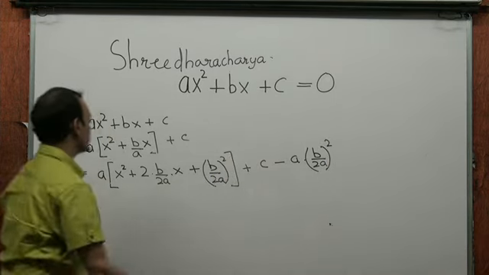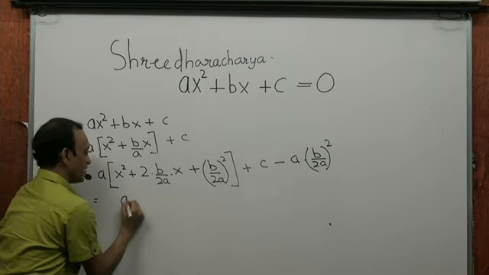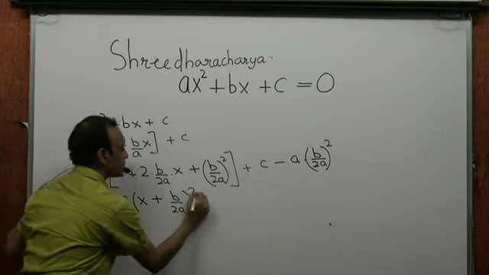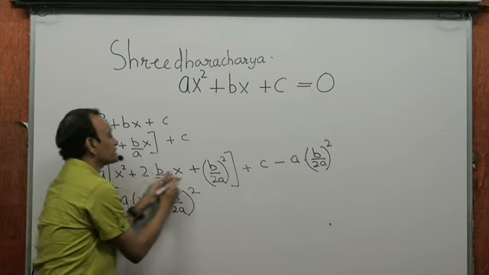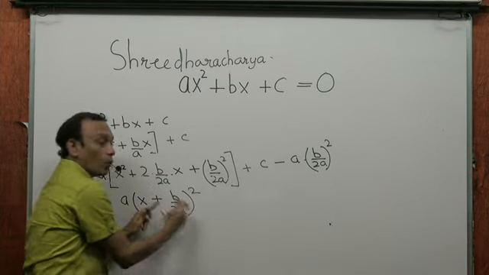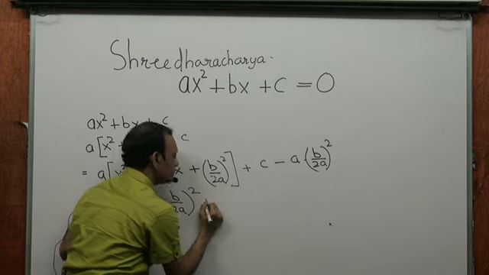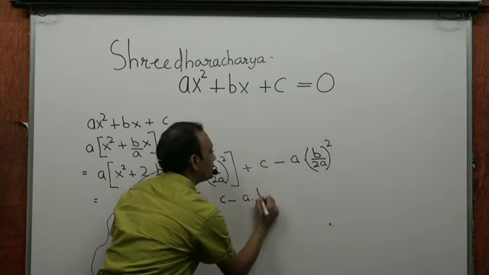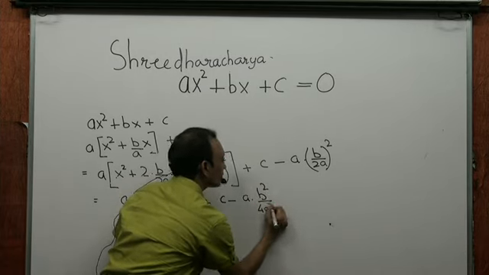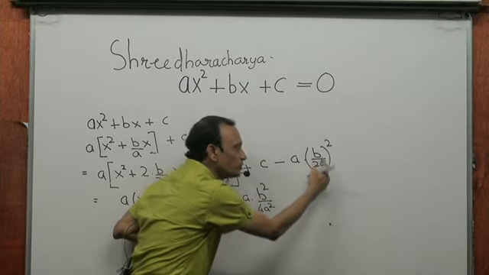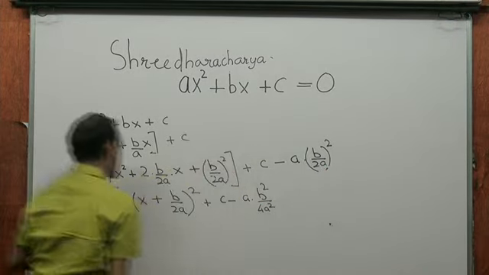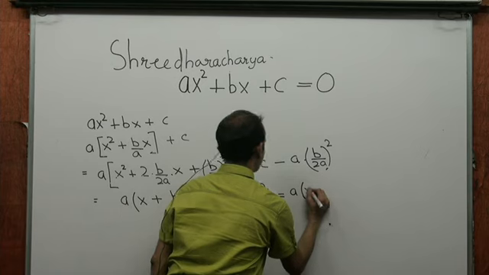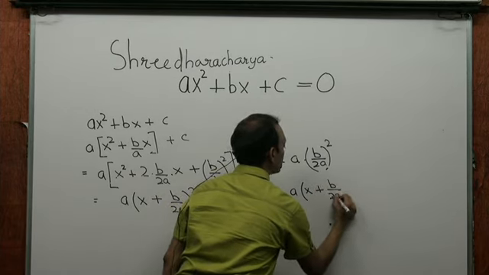Yes or no? Right? This then is like a into x plus b by 2a whole squared, isn't it? x squared plus y squared plus 2xy. So x plus y whole squared, and then plus c minus a into b squared by 4a squared. a into b squared by 4a squared, yes or no? b by 2a whole squared is b squared by 4a squared, which then becomes a into x plus b by 2a whole squared.